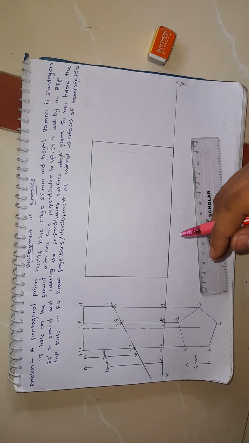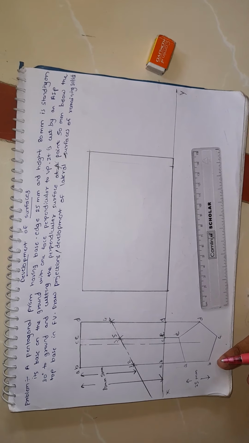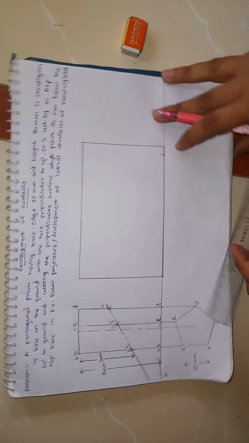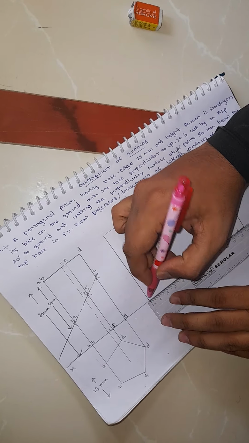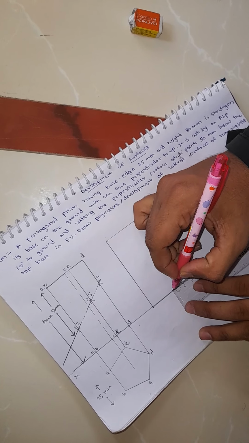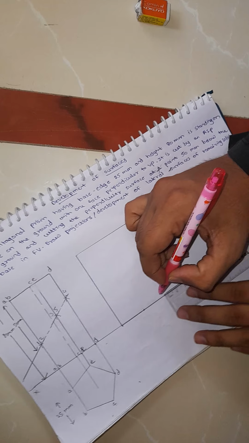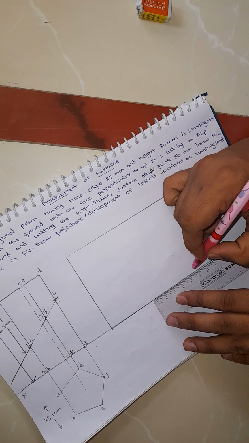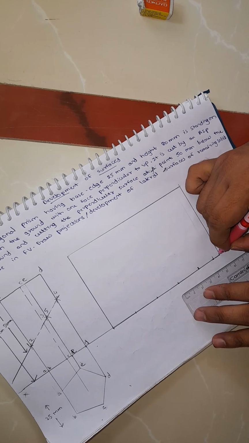We divide it into 5 equal columns, and as the base edge is 25 mm, each column is 25 mm. Take the measurement of 25 and mark here, then from this point mark the next, then next, and the last one here.